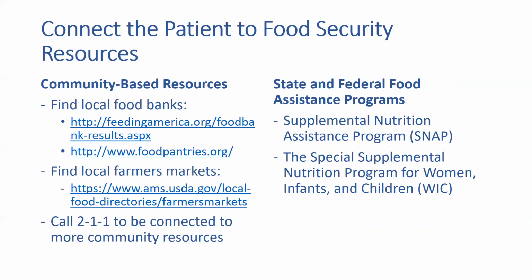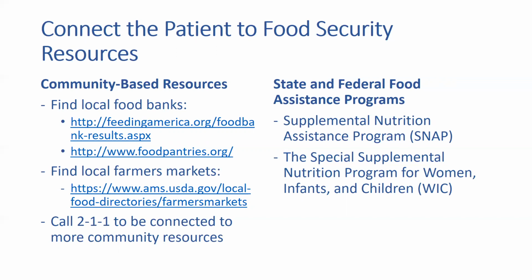Beside the local level, you can help connect patients to state and federal food assistance programs. So these are programs that can either help provide food at a reduced price or free of cost, depending on the program and the patient. There's one called Supplemental Nutrition Assistance Program, frequently called SNAP.